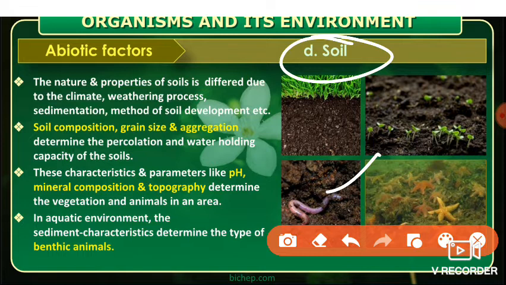And the first point here: the nature and properties of soils differ due to the climate, weathering process, sedimentation, method of soil development, etc. In various climates we can find different types of soils.